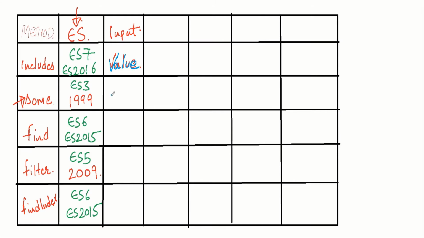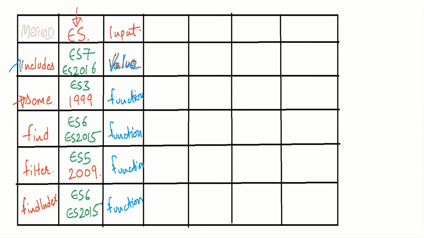Some accepts a function, so we need to provide a function as the input, and a function is the input to find, and a function is for filter, and a function is for findIndex. So except for includes, we need to provide a function as an input argument to all these 4 methods.